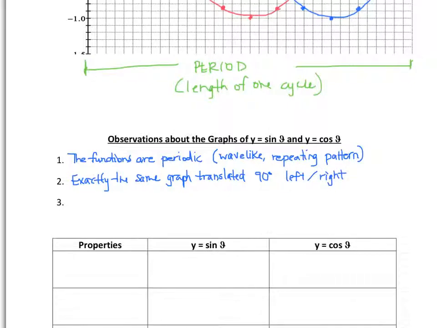And the other thing is that neither graph ever goes below -1 or above 1. So the graphs never go above 1 or below -1.